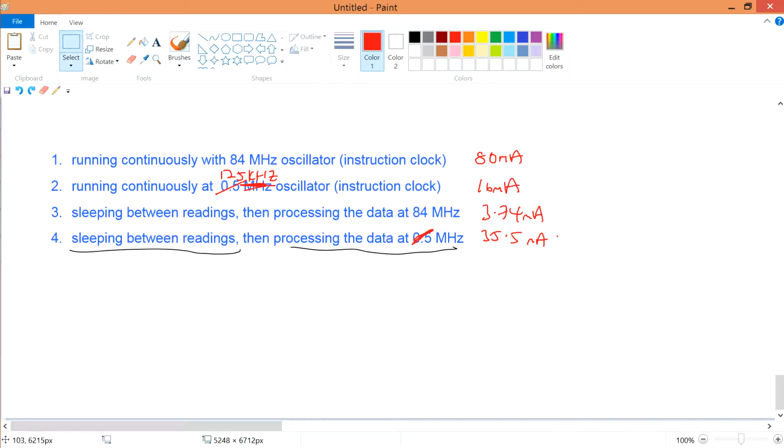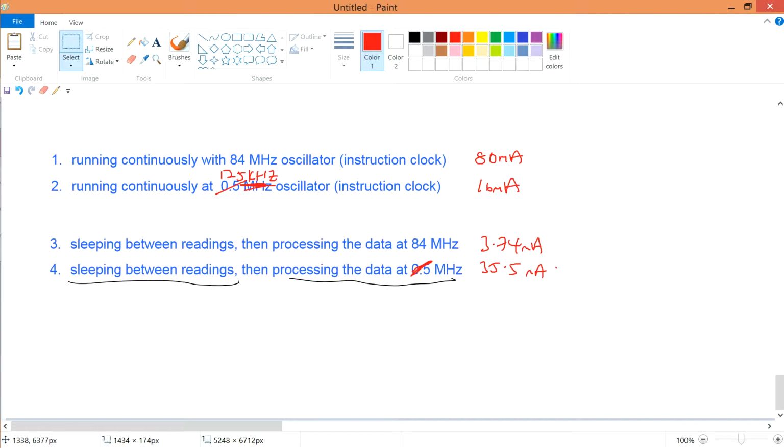However, when you're sleeping, you want the faster frequency, the lower current. You see, 3.74 milliampere, this is 35. This is 125 kilohertz. So this is a lower frequency but higher current. This is a higher frequency, a lower current.